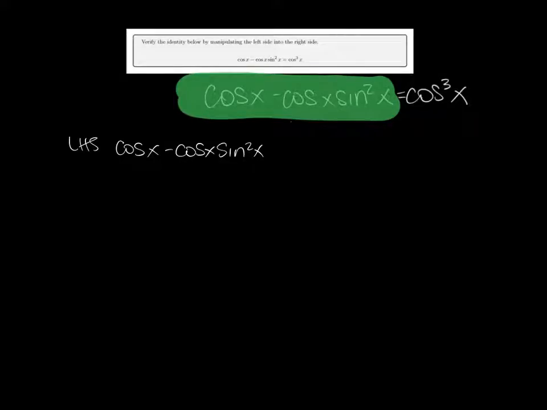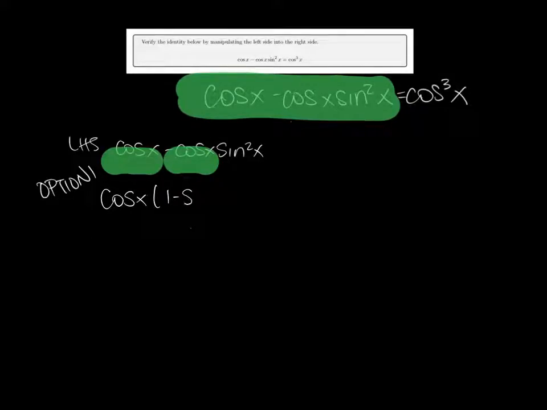Now, there's two ways you can approach this. So I'm going to begin with what I will label as option 1. And I'm going to do this by factoring out a cosine x from both parts of the expression. When I do this, I get cosine x times 1 minus sine squared x.